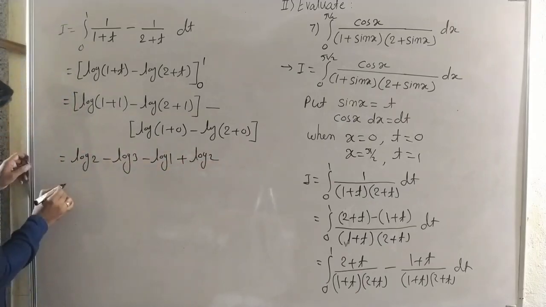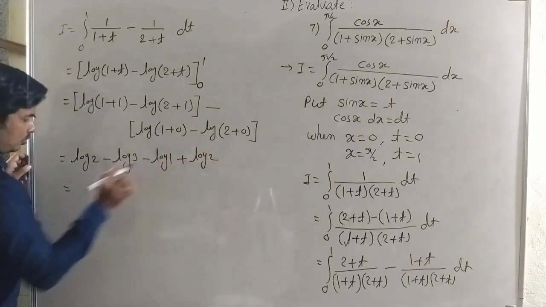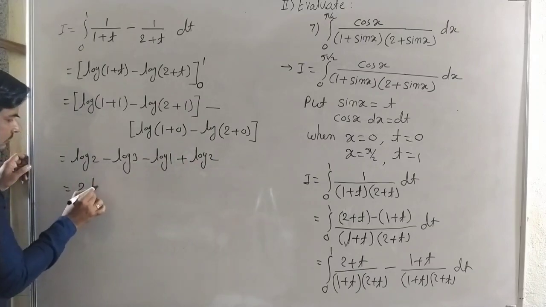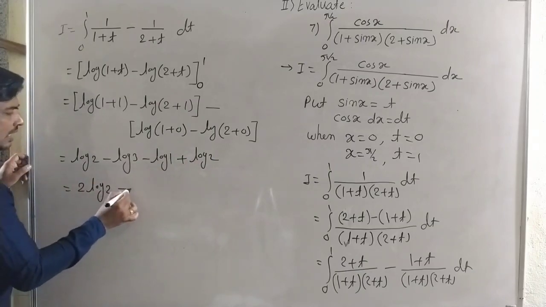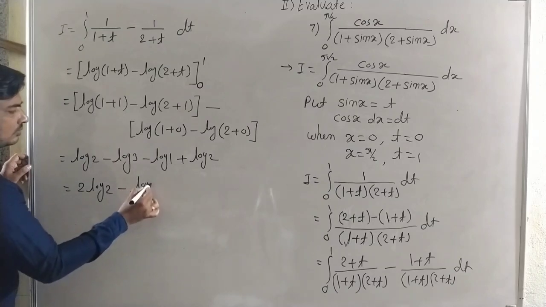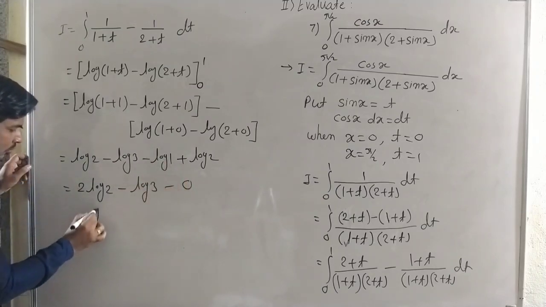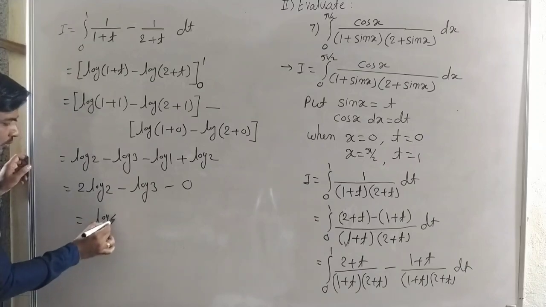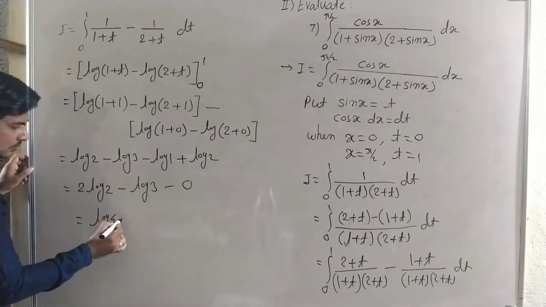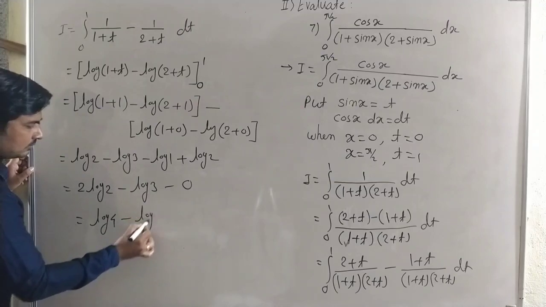See carefully this. And now log 2, it is a 2 log 2 minus log 3 and log 1, it is a 0. Okay, and 2 log 2 means log 4 by using the property of logarithm. 2 square minus log 3.